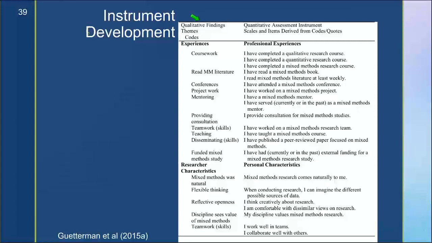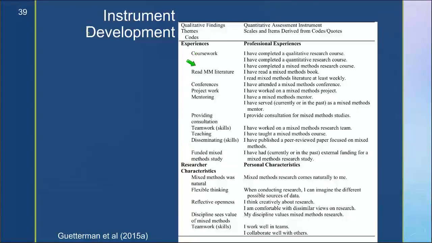Our goal was to develop an instrument to assess research skills, and how we used those qualitative findings systematically to write items on this instrument. Here there was a theme, abbreviated for the purpose of the joint display, about experiences. That became a section, a scale on the instrument called professional experiences. Another qualitative theme was related to researcher characteristics, so we labeled that personal characteristics on the survey.